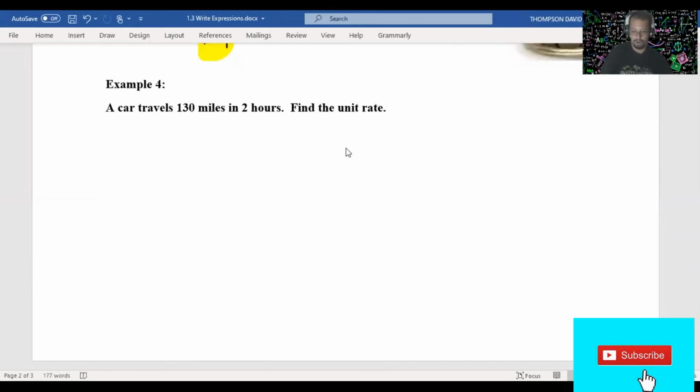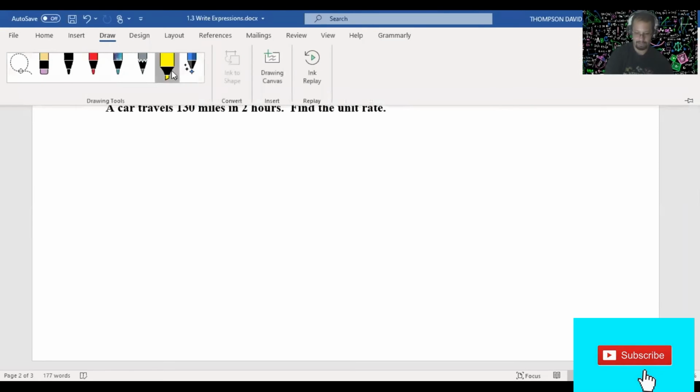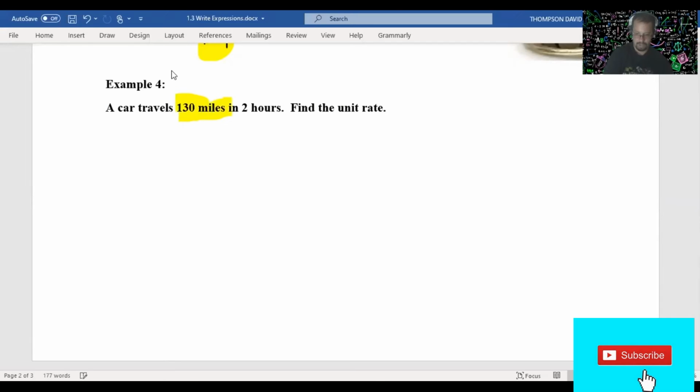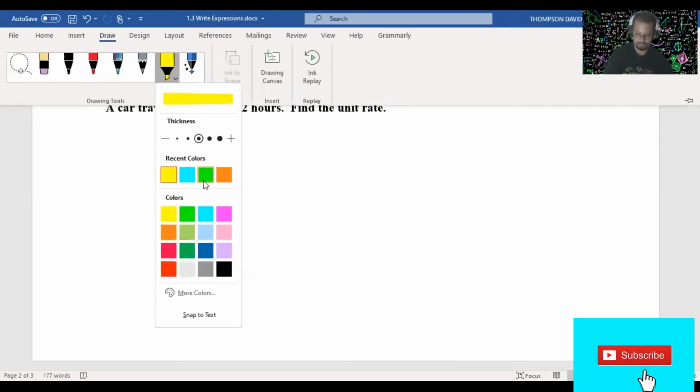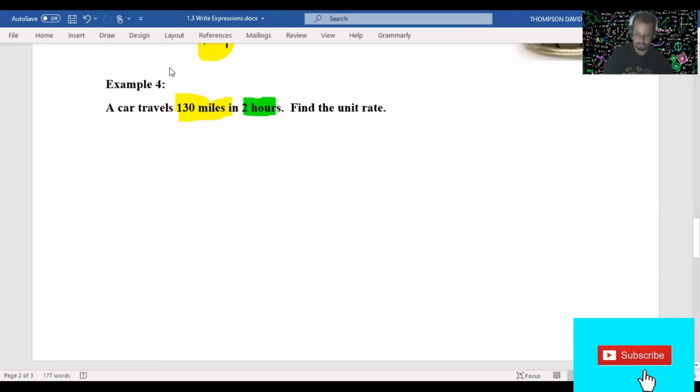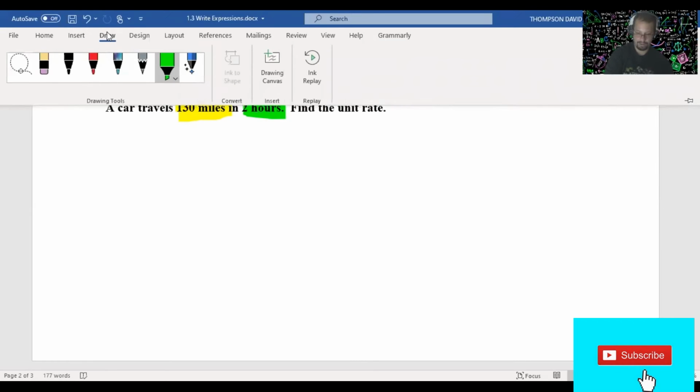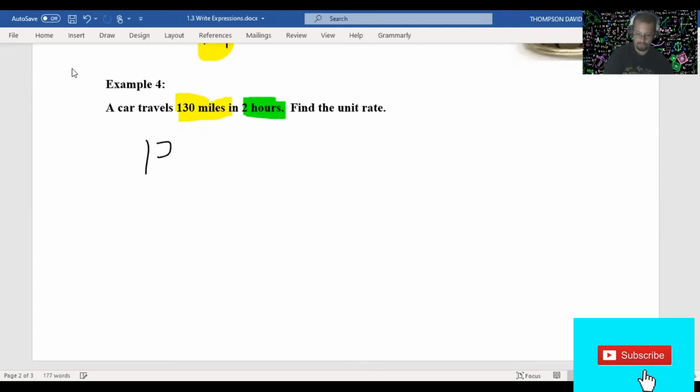Example 4. A car travels 130 miles in 2 hours. Let's highlight the miles in yellow, and the hours we'll highlight in green. Find the unit rate. So essentially all we have to do is just divide. 130 miles divided by 2 hours.